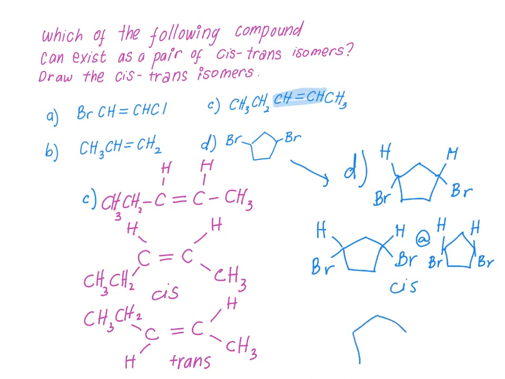And the trans, you can predict how the trans structure should look, right? So it should be Br here and Br here, H here and H here. So this is your trans isomer.